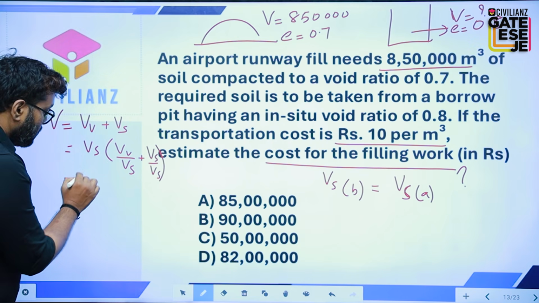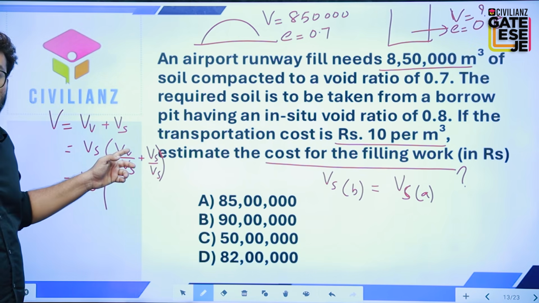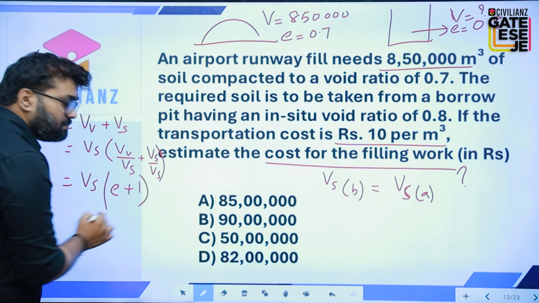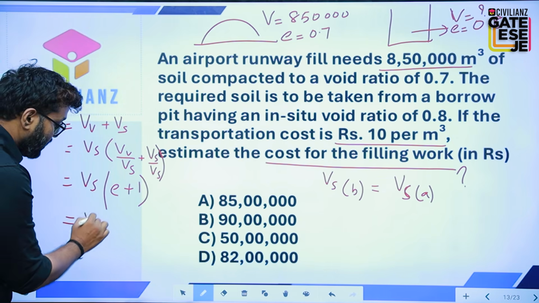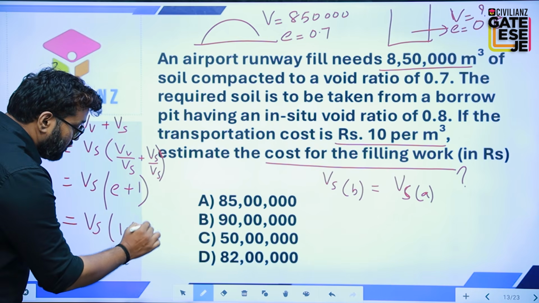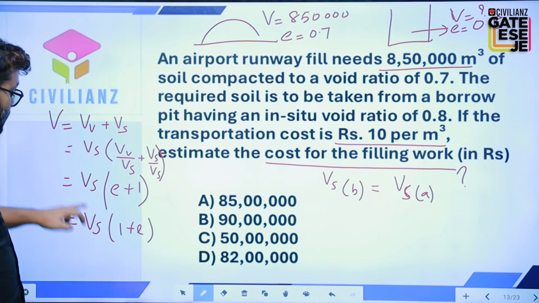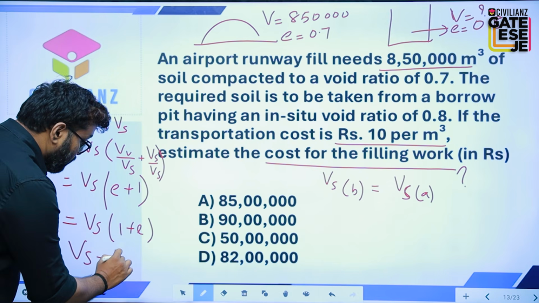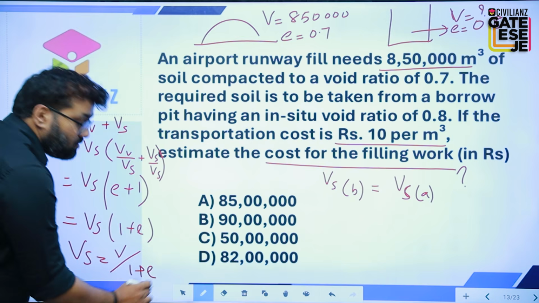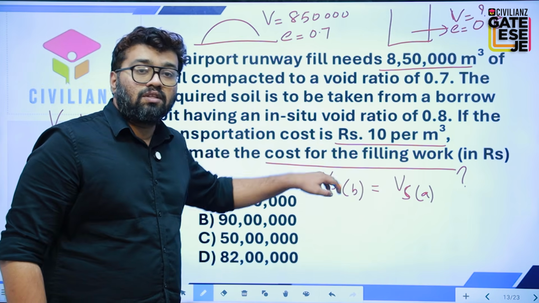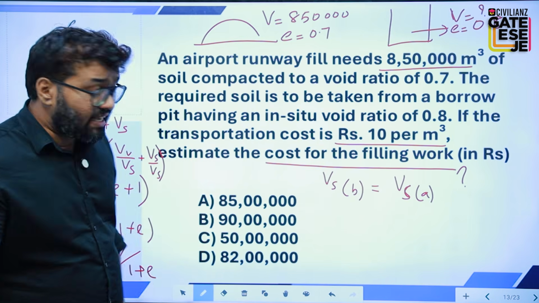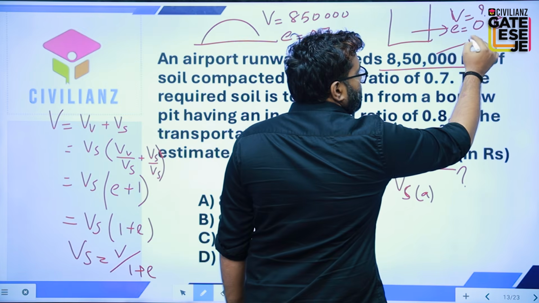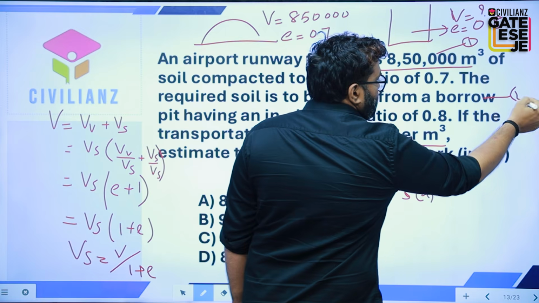Volume of voids by volume of solids is the void ratio, so V is equal to Vs into 1 plus e. So Vs is equal to V by 1 plus e. So Vs in the first case is equal to Vs in the second case. We can take this as the first case, the borrow pit, and the second case.